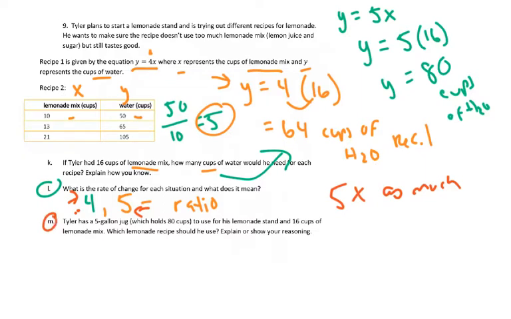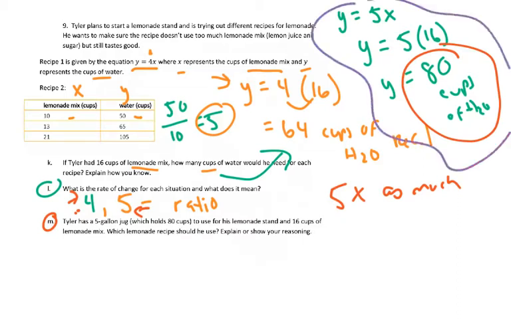Finally, Tyler has a 5-gallon jug, which holds 80 cups. I see that number here. To use for his lemonade stand, and 16 cups of lemonade mix. Which lemonade recipe should he use? Well, we already figured this out. We know one of the answers is 80 cups.